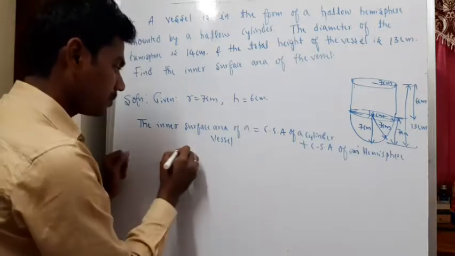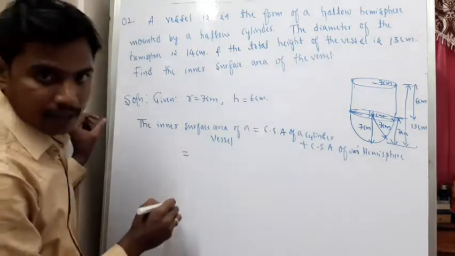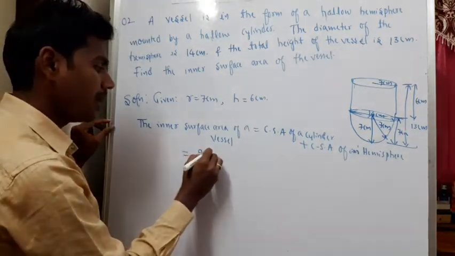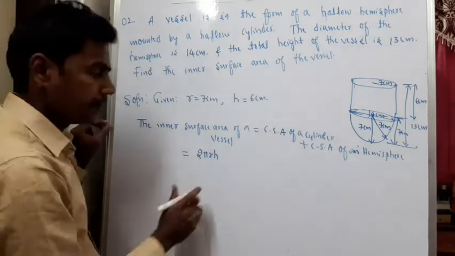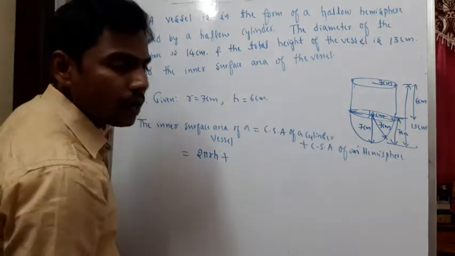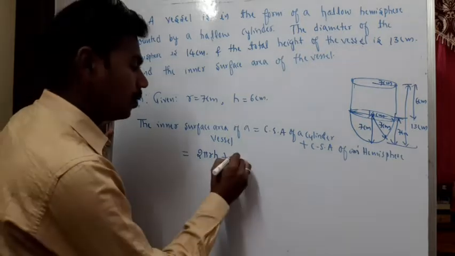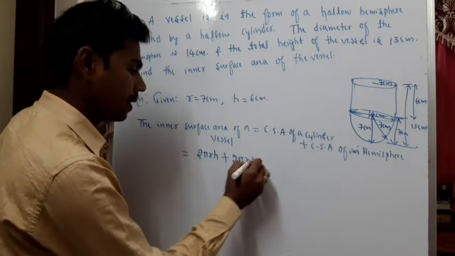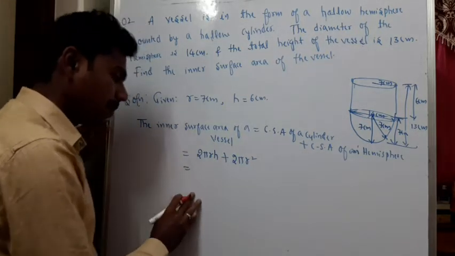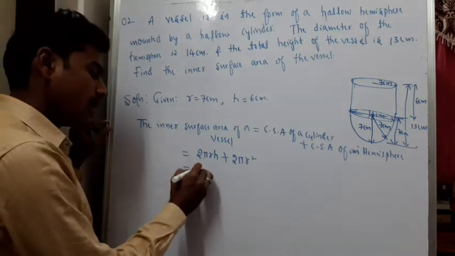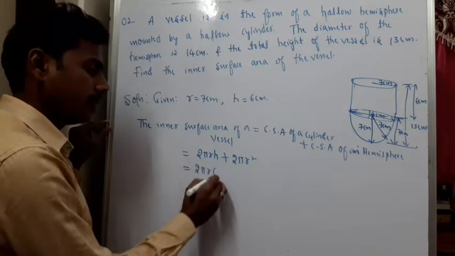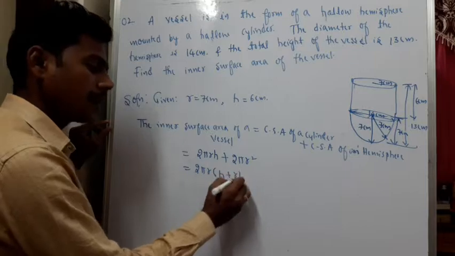Okay. Now, what is curved surface area of a cylinder? 2 pi r h. Then what is curved surface area of hemisphere? 2 pi r square. Now, can I take 2 pi r common? Yes, I can take h plus r.